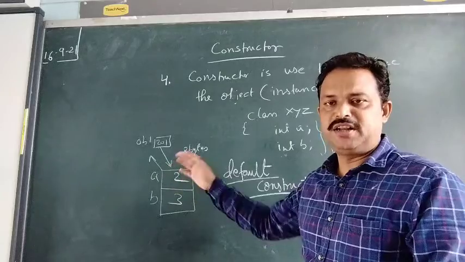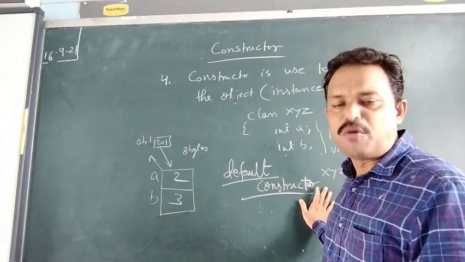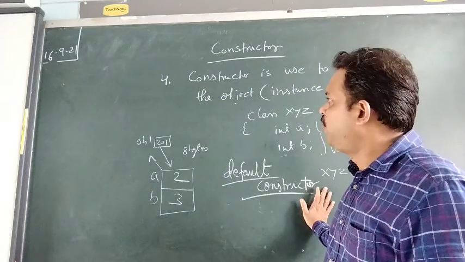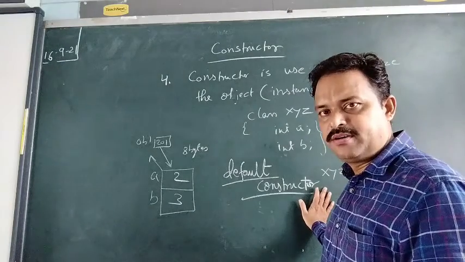Internally what happens when we create the object. Now we have the last point, number 5.